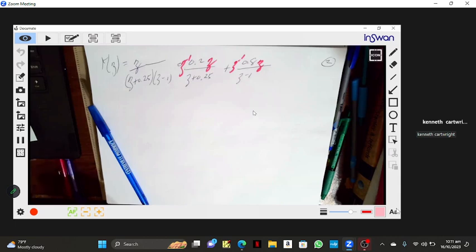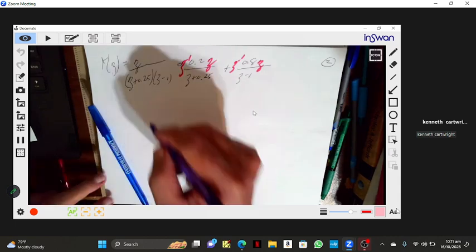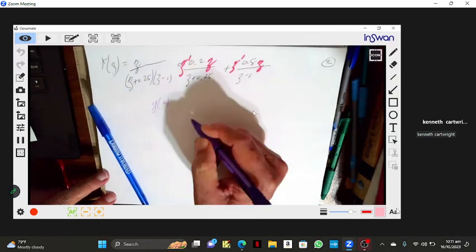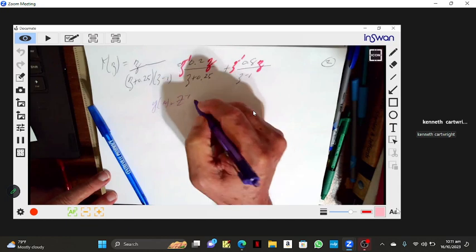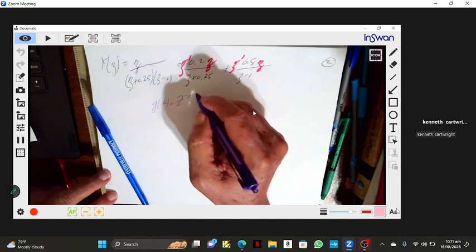Okay. So y of n then, y of n equals inverse z.